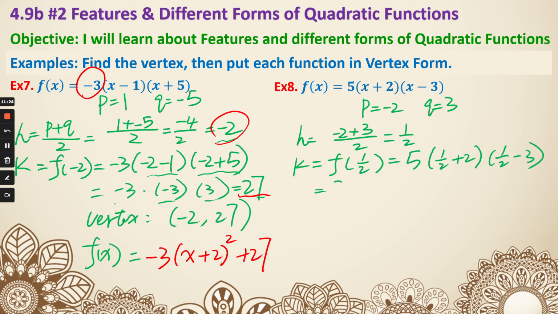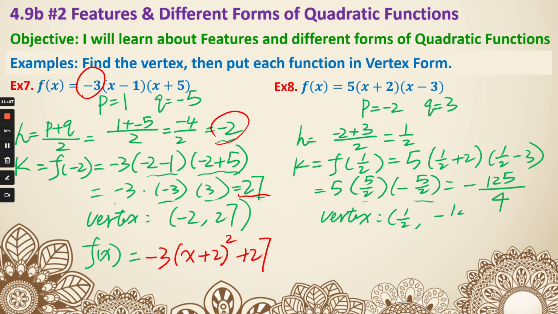That is going to be 5 times 5/2, since 1/2 plus 2 is 5/2, and 1/2 minus 3 is -5/2. So again, these two numbers are just the opposite. So 5 times 5/2 times -5/2, we're going to get -125 over 4. Now my vertex is going to be hk, so 1/2, -125 over 4.